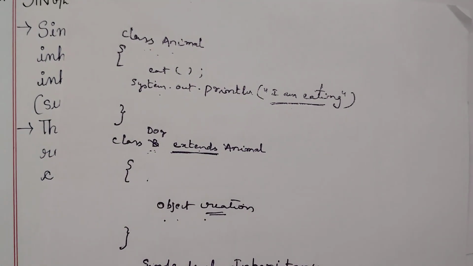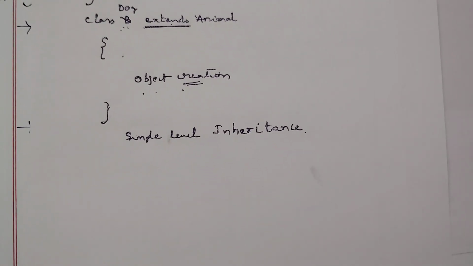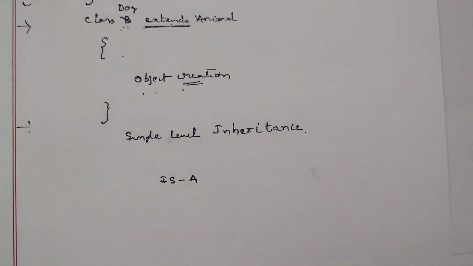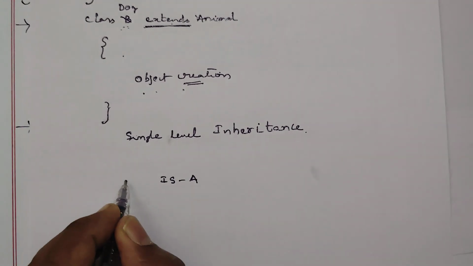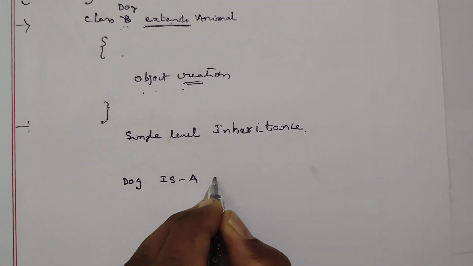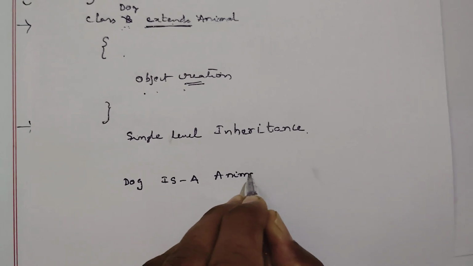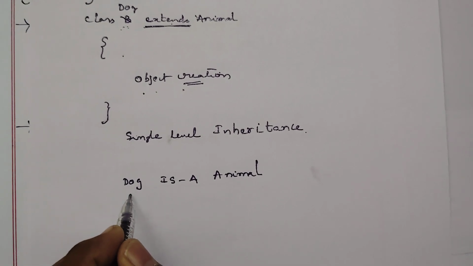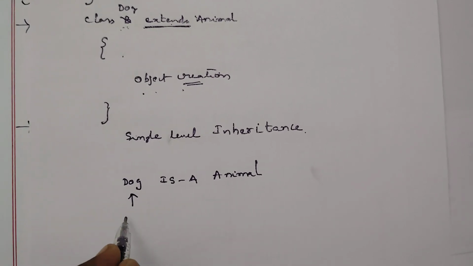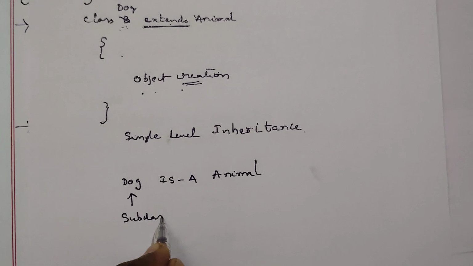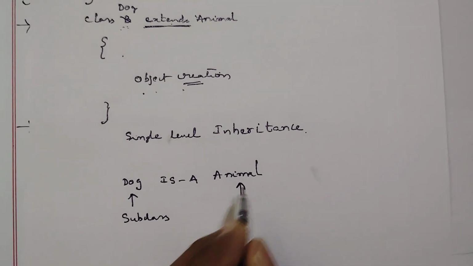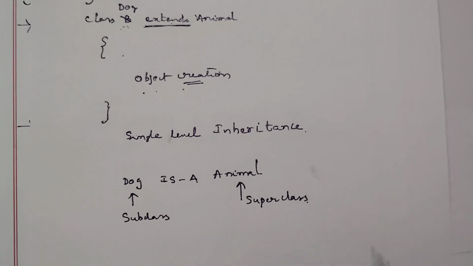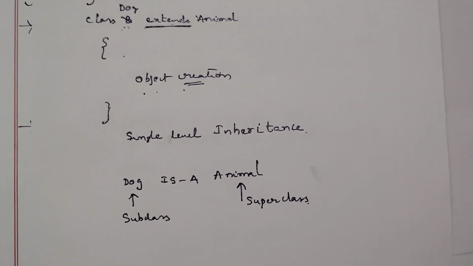Now there is another word, relationship. I want to introduce you to the "is a" relationship. What is an "is a" relationship? Dog is an animal. That means here the dog is the subclass, whereas the animal is the superclass.